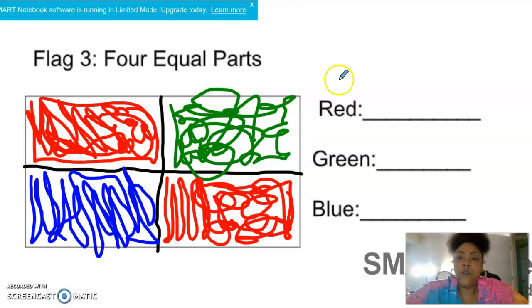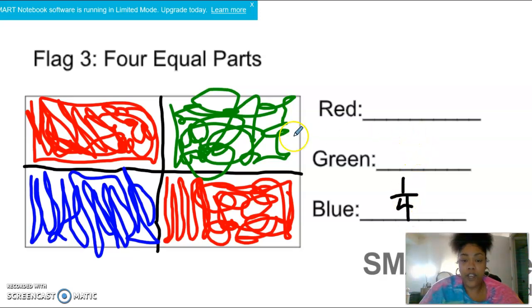Now I know this is in order, red, green, and blue, but I'm going to start with blue first. So I noticed that only one out of my 4 total parts is blue, so that means my top number is 1 and my bottom number will be 4 because 1/4 of this flag is colored blue.